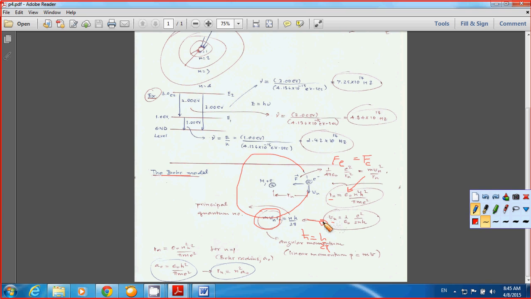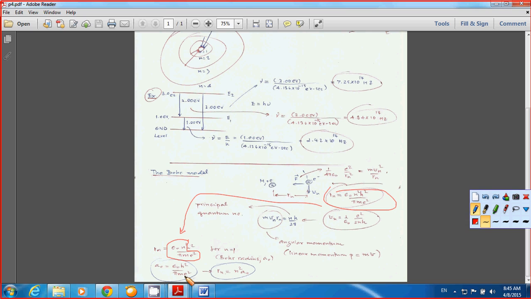Now take a look at the Rn equation. If you separate out n square and just pick up the factor here, you can calculate it by yourself, because you only need epsilon 0, which is 8.85 times 10 to the negative 12, h, the Planck constant, m, the electron mass, and e, the electron charge.